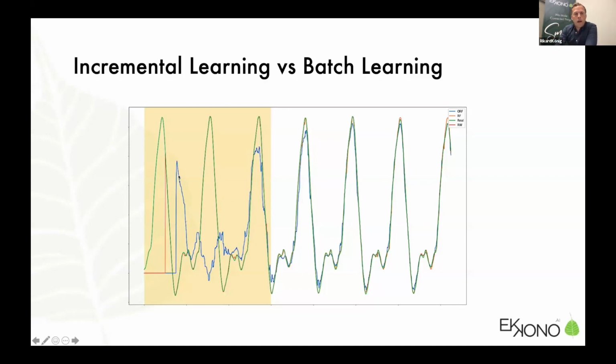So it just guesses the last known value, and then it starts to become even worse. But then here on the third lap, you see that it has started to learn, and on the fourth and fifth lap it's really the same on average as the batch learning. So it's quite neat. Often you wonder how much data you need to learn a concept, and it's definitely often less than what you think, but it also depends on how repeatable or how noisy your data is.